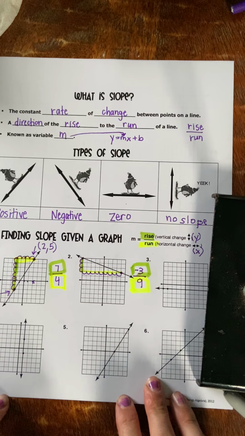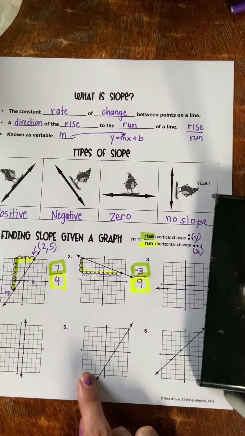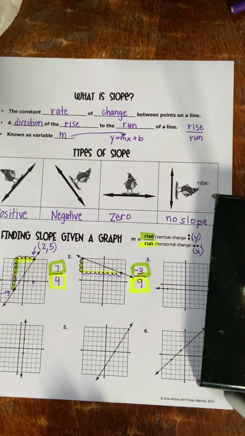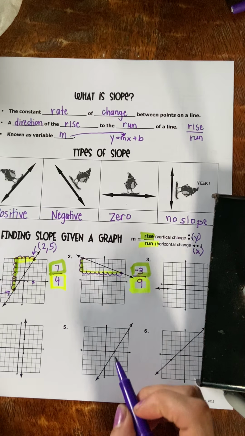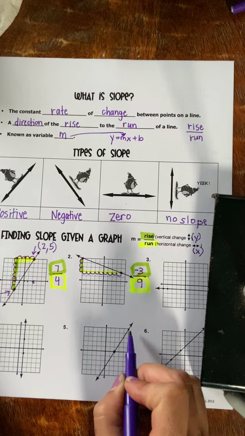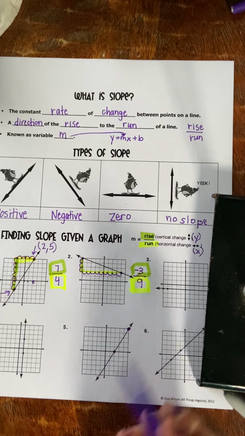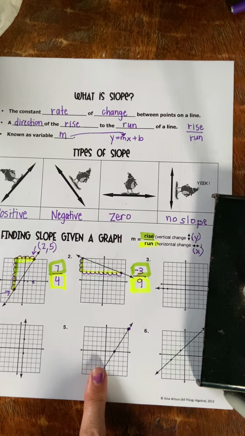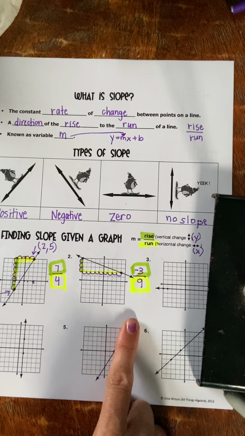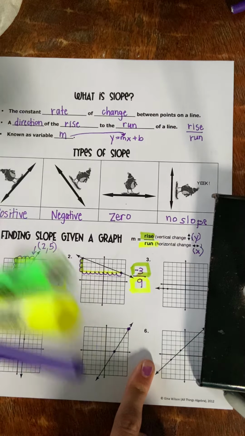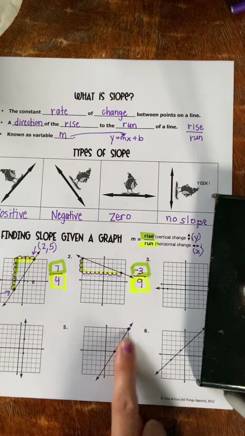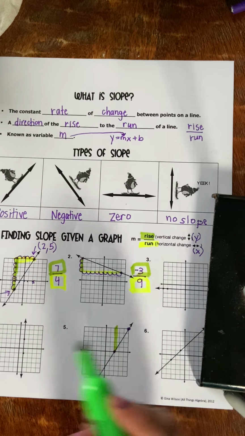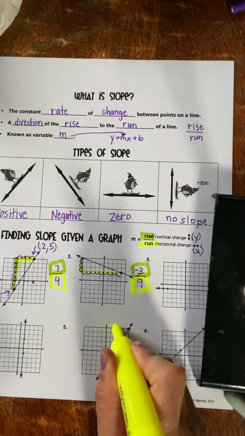Let's move to number 5. Here and here are the dots. This graph goes in the direction of up as I read it from left to right, so it will have a positive slope, so I know that it will have a positive number. So let's go up and over.